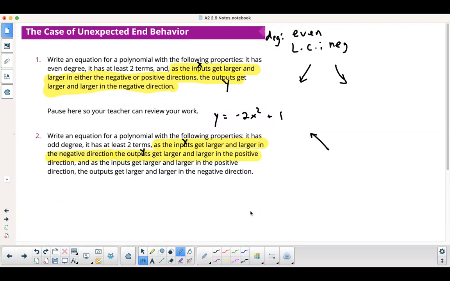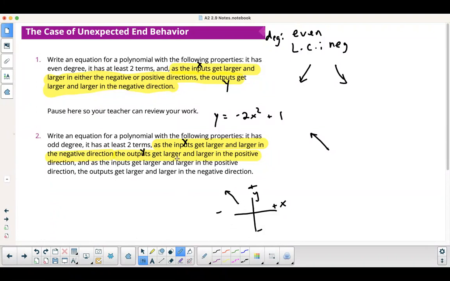Okay? Because think about this here. These are your axes here. These are your inputs, negative that way, positive that way. And same thing up here on the y-axis, positive is this way, negative is that way. So as the inputs get larger and larger in the negative direction, as I go left, the outputs get larger and larger in positive. So it's like your arrow is going that way.